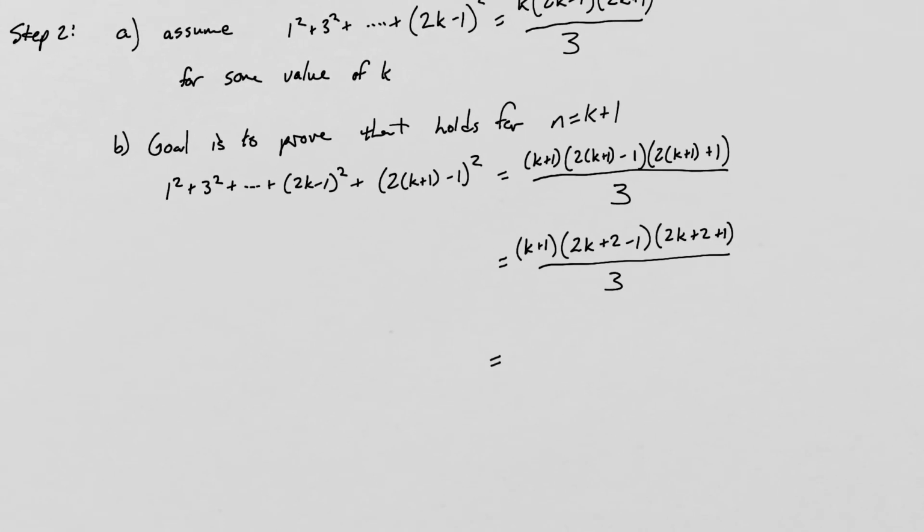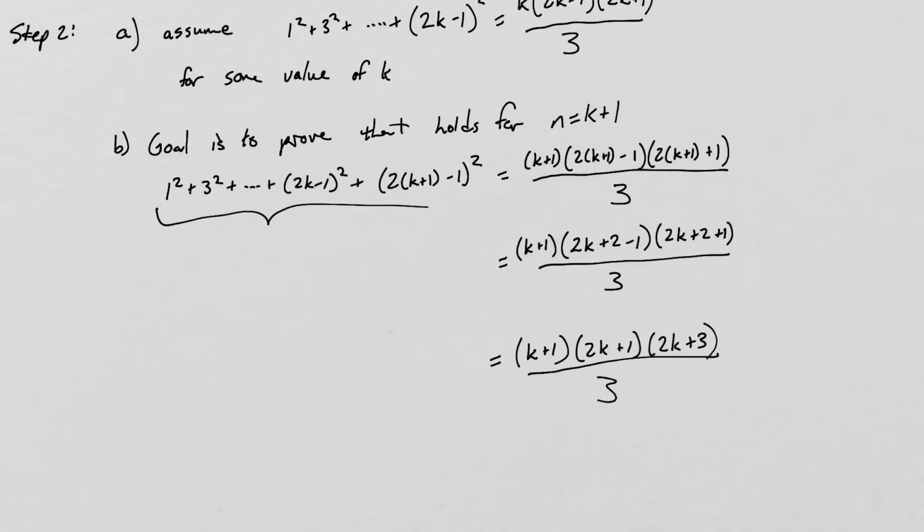Just saying we're trying to show that this is equal to k plus 1 times 2k plus 1 times 2k plus 3, all divided by 3. So we're trying to show that this left-hand side thing over here is equal to that, but we are not assuming that it's true. We are trying to prove that it's true.